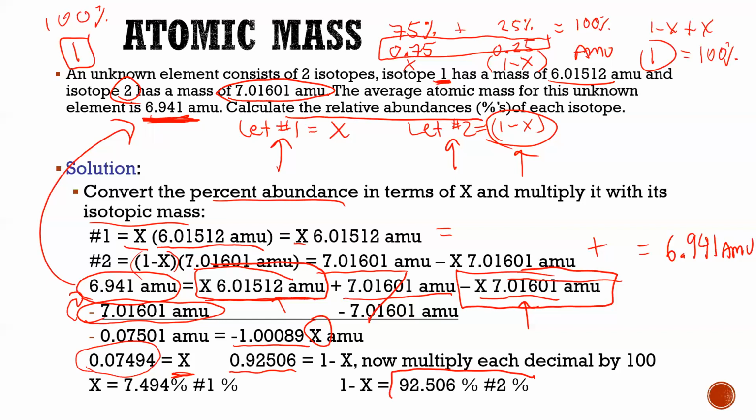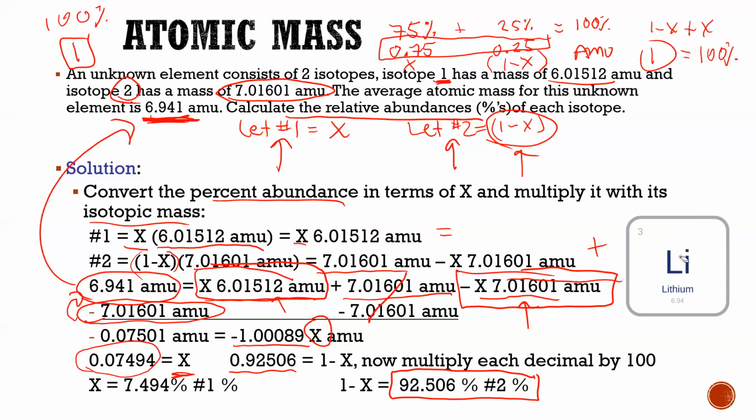Why? Isotope 2, which is roughly 7, is found 92.506% of the time. So the weighted average of 6.941 makes sense because it's closer to the more abundant isotope. And, oh, whoops, sorry. I see that right there on the periodic table.